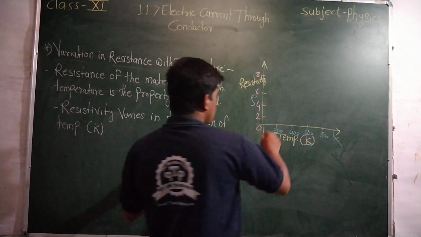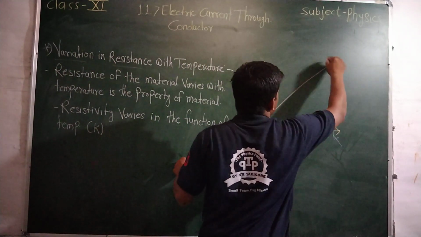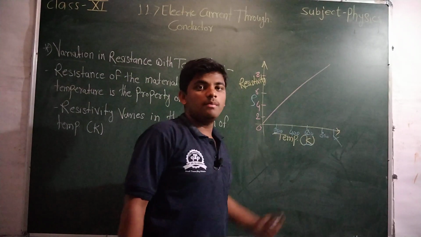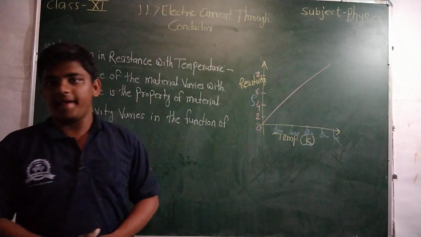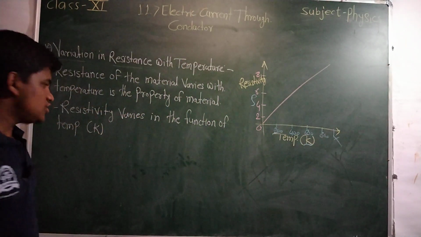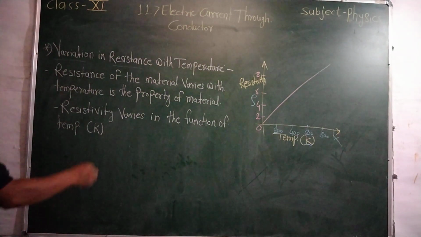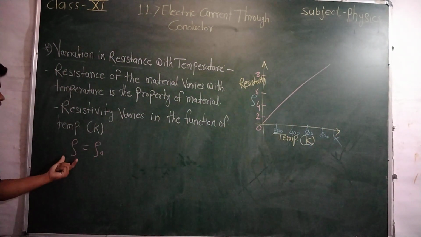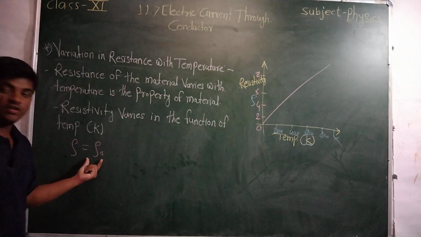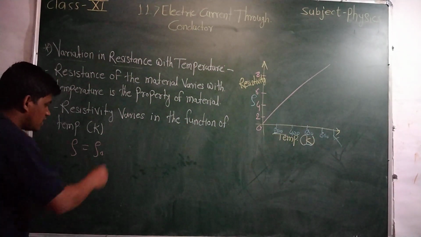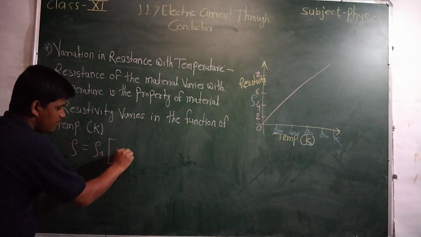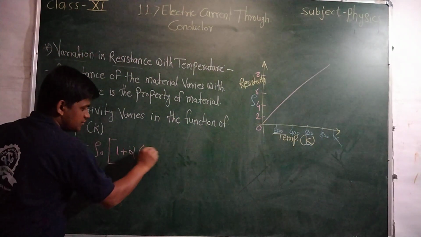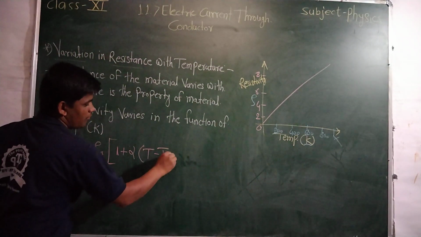It can be a linear relation. This is the linear relation between the resistivity and temperature. I will show the linear relationship between these two: rho equals rho 0 into 1 plus alpha into T minus T0.